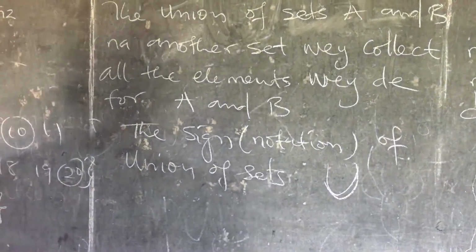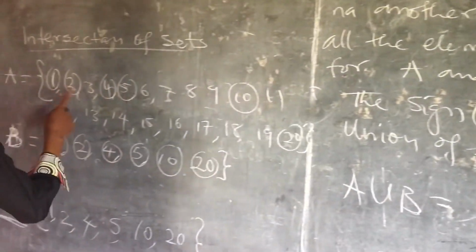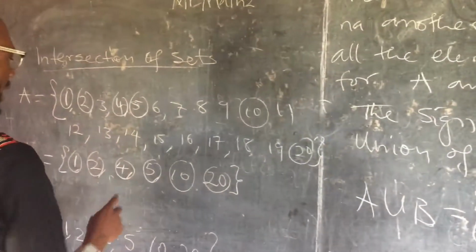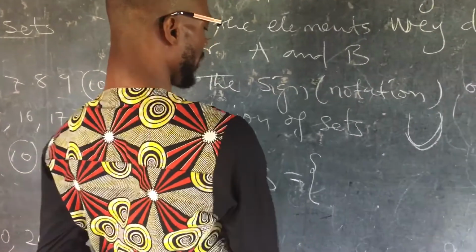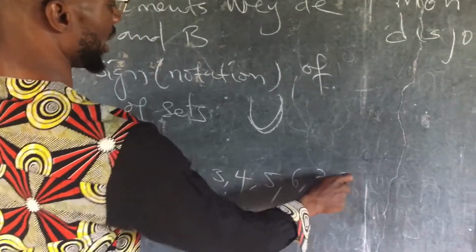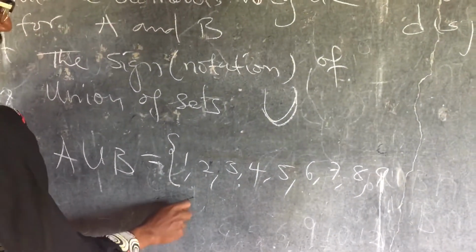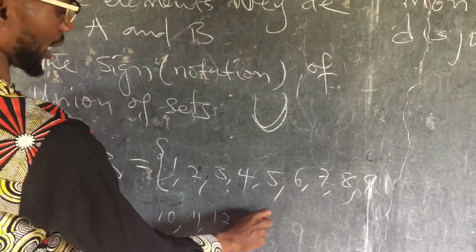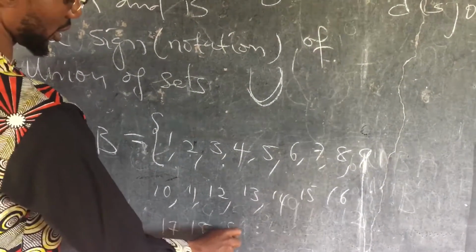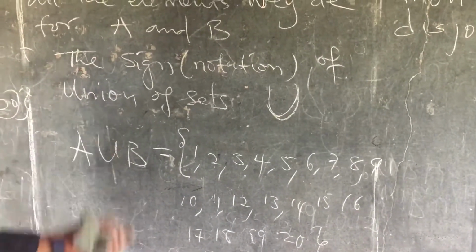We make it like this, like U. So A union B, for this our example, now another set we collect every element wey dey for A and every element wey dey for B. So A union B for example na 1, 2, 3, 4, 5, 6, 7, 8, 9, 10, 11, 12, 13, 14, 15, 16, 17, 18, 19, and 20. So this one are the set of A union B.